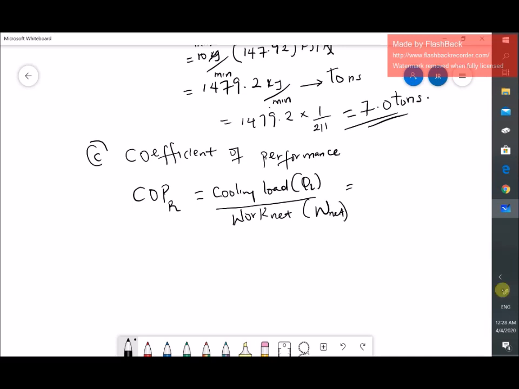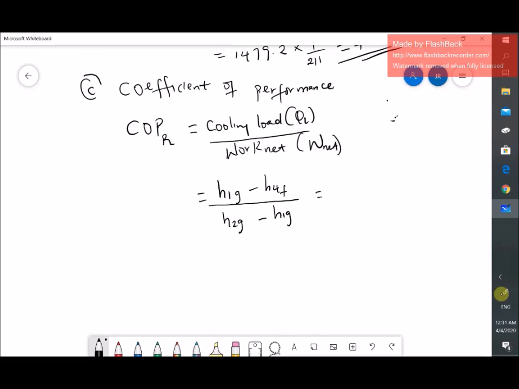Now, what is the cooling load? The cooling load was given as H1 gaseous minus H4 fluid, over the net work, which is H2 gaseous minus H1 gaseous.